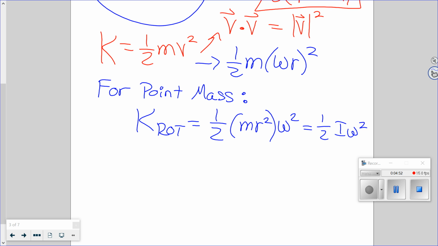Oh, look. Okay. Rotational kinetic energy is regular kinetic energy. Using these rotational quantities, including moment of inertia, rotational inertia, is just a convenient way to write the energy of the things that it has just because it's spinning.